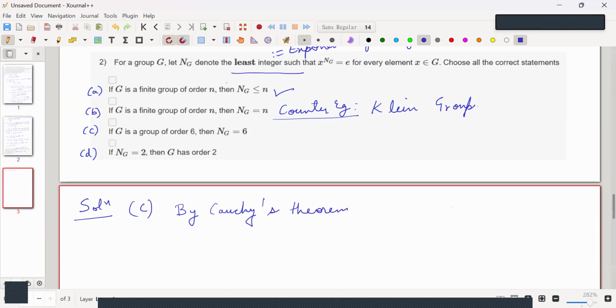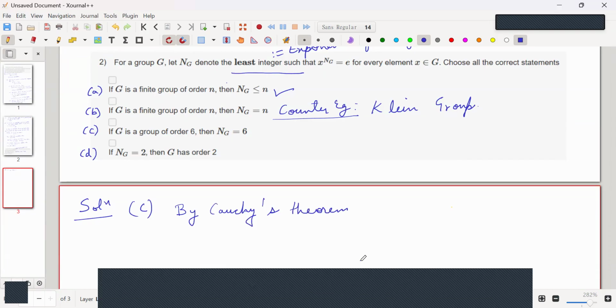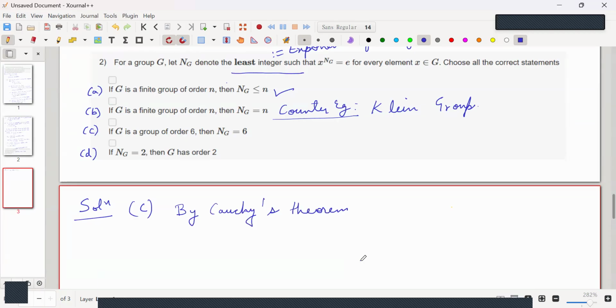Cauchy's theorem says that if P divides the order of G, then there will be an element of order P in it. That's what I mentioned in, I think, the very first or second class, when we were doing it for squares, that there is a theorem for every prime number, and that is Cauchy's theorem.